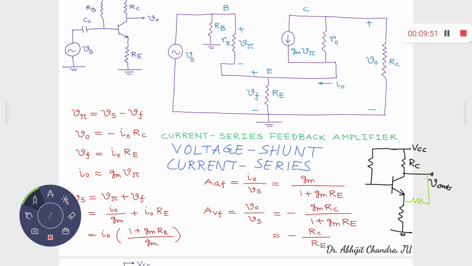What do you feel? For a common emitter amplifier, if the input signal goes like this, the output is a magnified version and there is a phase reversal. If the input variation is something like that, then the output variation is something like this. So when you have some positive change of the input, you have a negative change in the output.